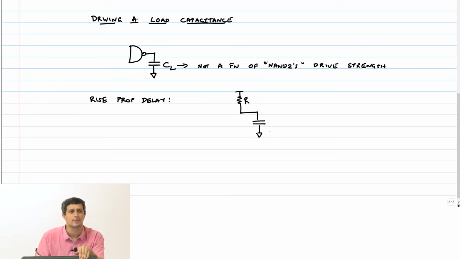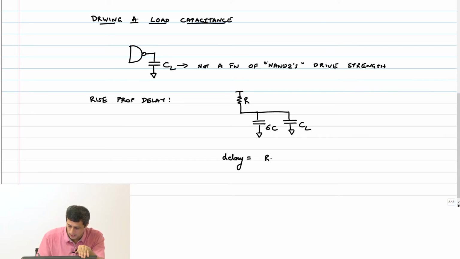How much is the parasitic capacitance for the NAND at the output node? 6C, 2C from each of the two PMOSes and 2C from the NMOS. 6C, and then I have a CL, right? Therefore, the delay is now simply going to be R into 6C plus CL.